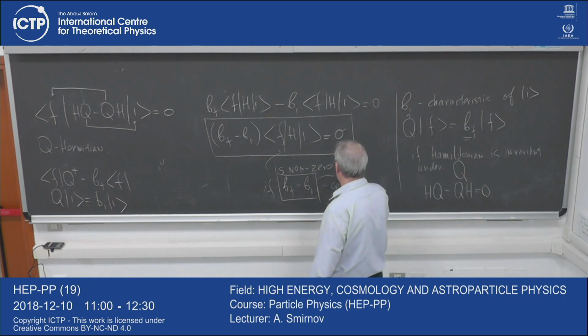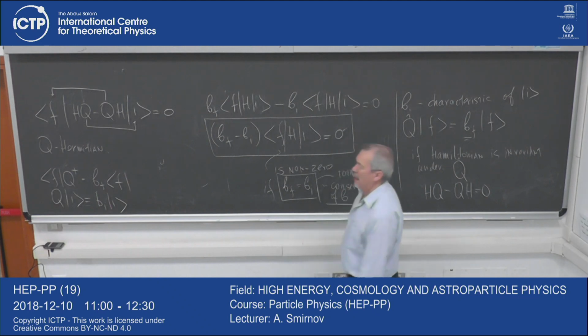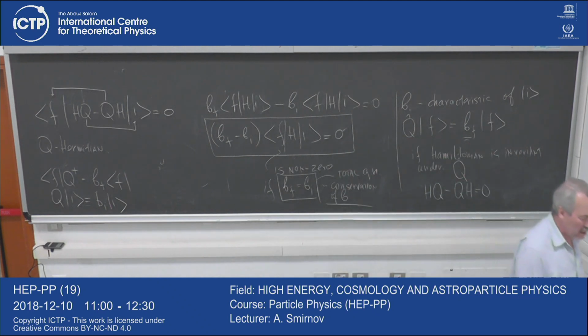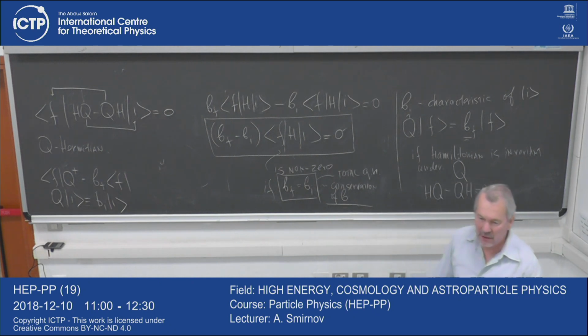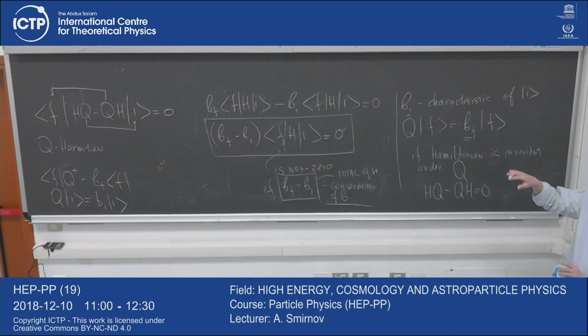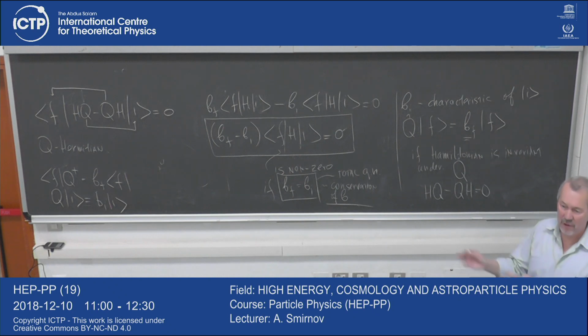So these are total quantum numbers which characterize initial and final state. Okay? So this is a general consideration, and I think it will be enough for the rest. I will not repeat this type of analysis for each individual symmetry. I'll just refer to this first part. Okay, you can check for specific symmetries how it works.